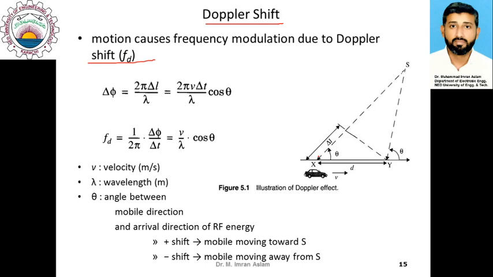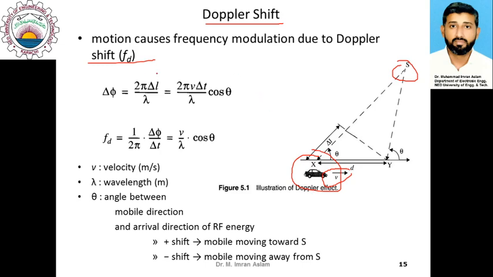Say for example, you have a mobile equipment in a vehicle which is moving with certain velocity v, and you have a receiver represented here at point S, and this vehicle is moving in certain direction.